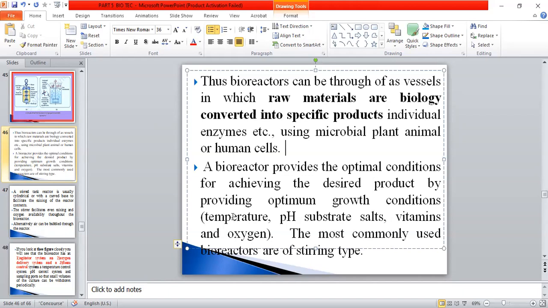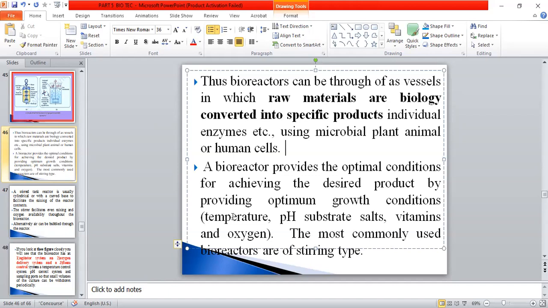Curd making is done by pasteurization at 60 to 70 degrees Celsius, about 65 degrees Celsius. If you want to sterilize utensils or other equipment, you have to give up to 120 degrees Celsius for up to 30 minutes. Then only will the equipment be completely sterilized. That is also very, very important.